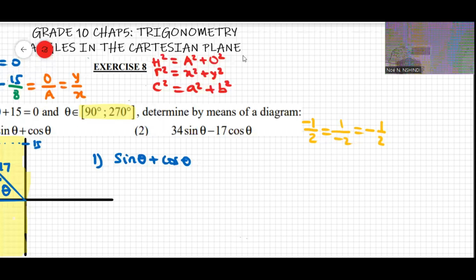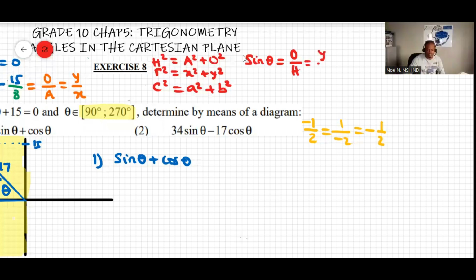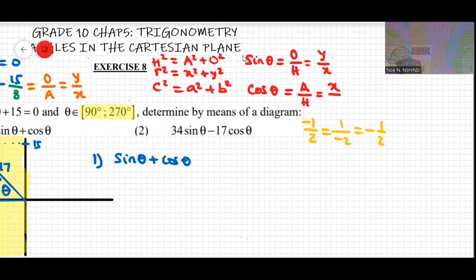We do know that sine of an angle is given by its opposite side over hypotenuse, sometimes y over r. And then cos of the angle is adjacent side over hypotenuse, sometimes x over r.